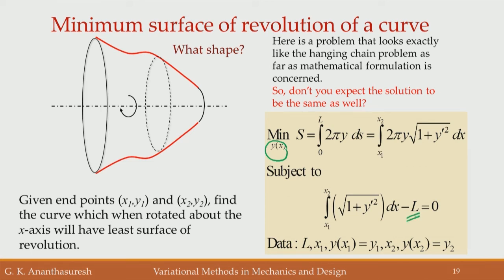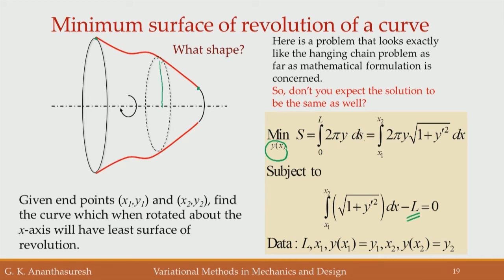We want to minimize between 2 points, let us say a point is given here and here. We would like to find a curve that minimizes this surface of revolution. For this we have this functional which is 2 pi y ds, because for a surface of revolution, if I take a perimeter like this, the length anywhere is ds, and y is the height there.